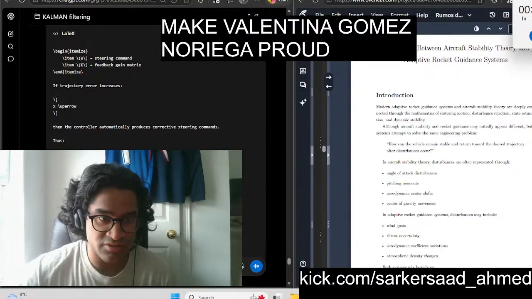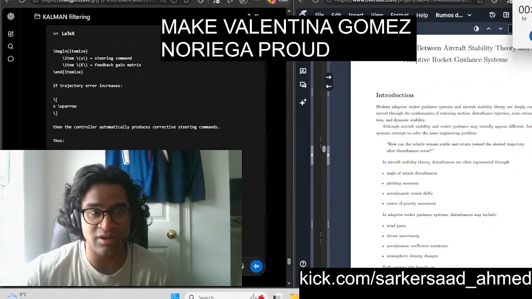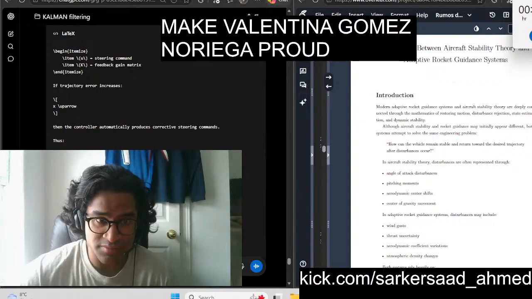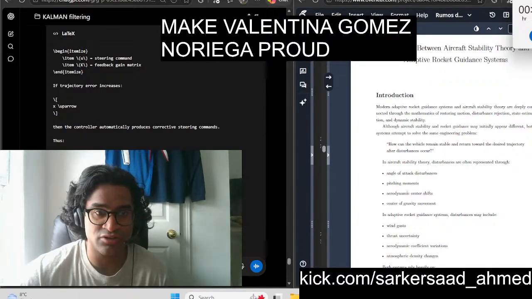Although aircraft stability and rocket guidance may initially appear different, both systems attempt to solve the same engineering problem. How can the vehicle remain stable and return towards the desired trajectory after disturbances occur? In aircraft stability theory, the disturbances are often represented through the angle of attack, the pitching moments, the aerodynamic center shift, center of gravity.